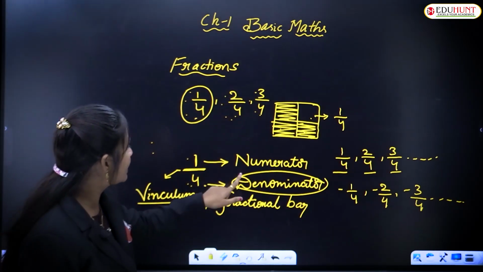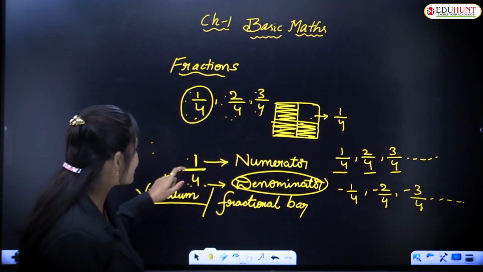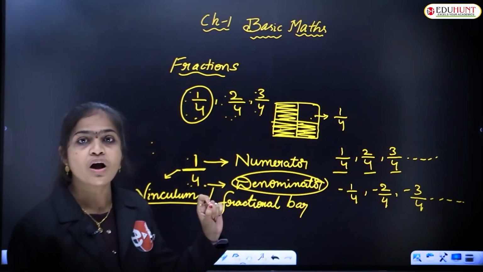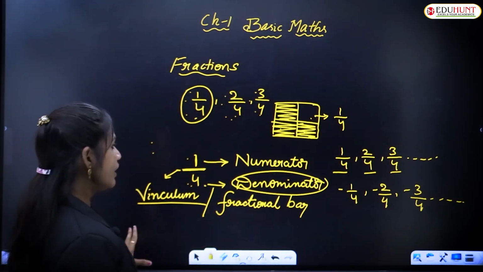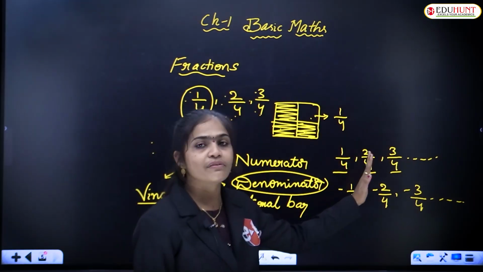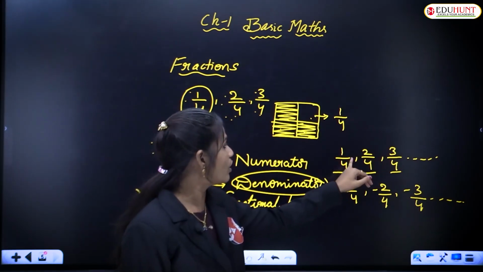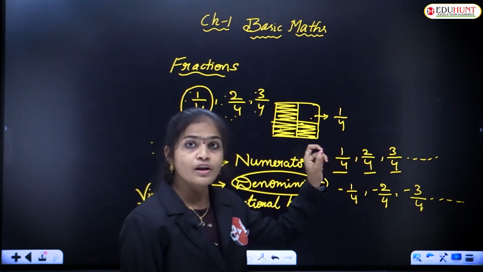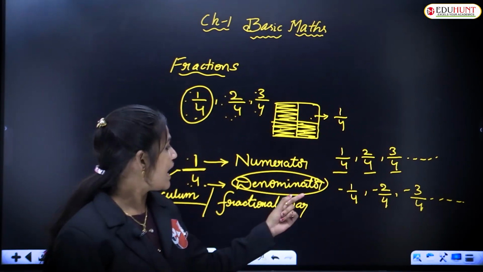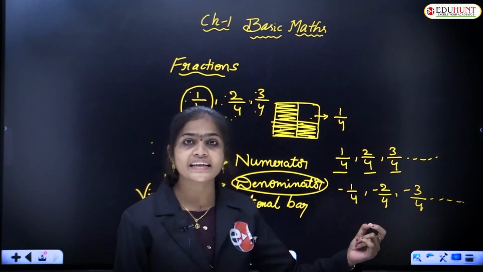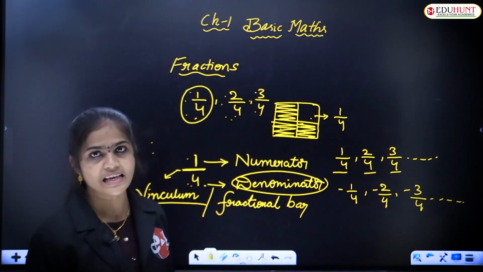Here the numerator, the denominator, and the separation bar called the fractional bar or vinculum symbol. We can take fractions along with negative signs also. So we call positive fractions non-integral fractions, and negative fractions non-integral fractions with a negative sign.